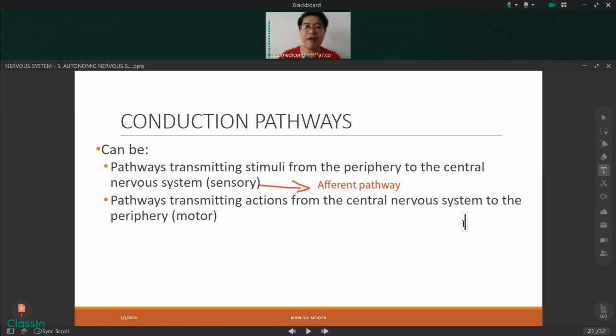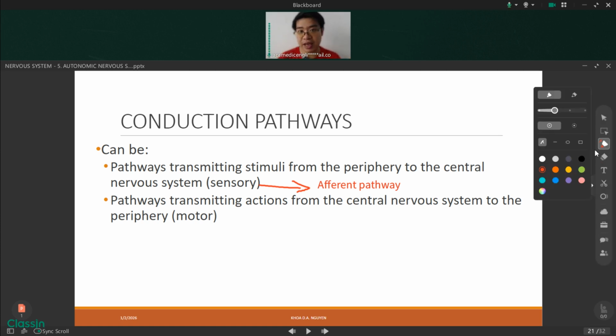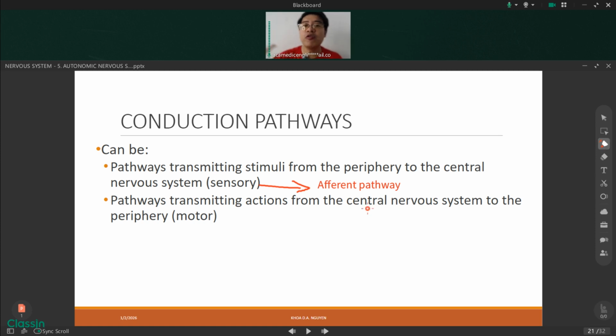So the afferent pathways are more sensory, and they get the stimuli from the sensations all the way from the periphery into the central nervous system so that it can be processed. And now you have the reverse pathway, the pathway that transmits actions from the central nervous system, especially from different areas of your cerebral cortex, like the precentral gyrus, all the way to the periphery, to the motor neurons within the spinal cord.